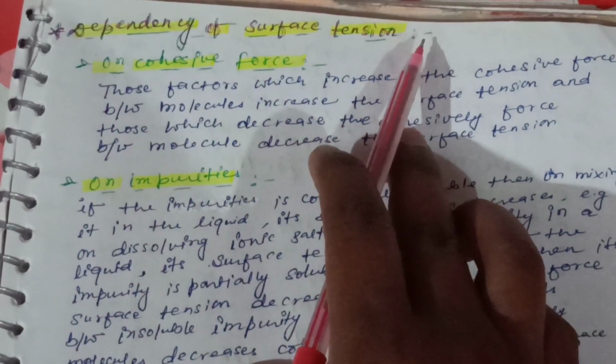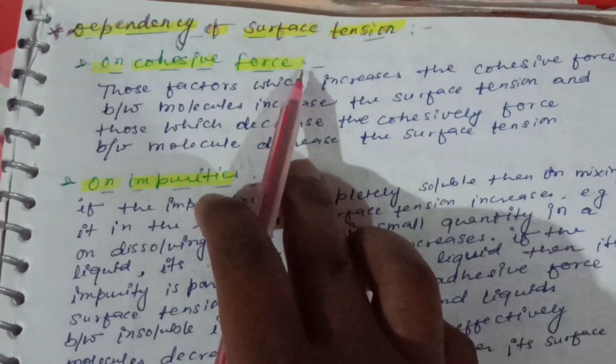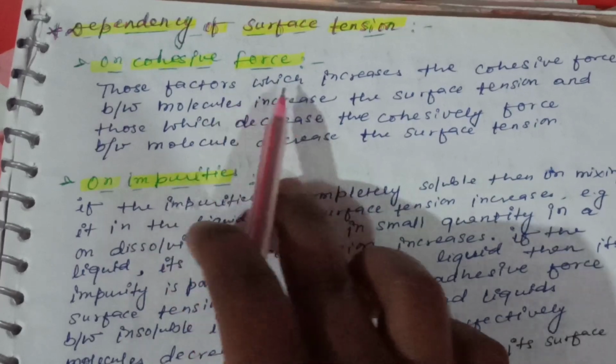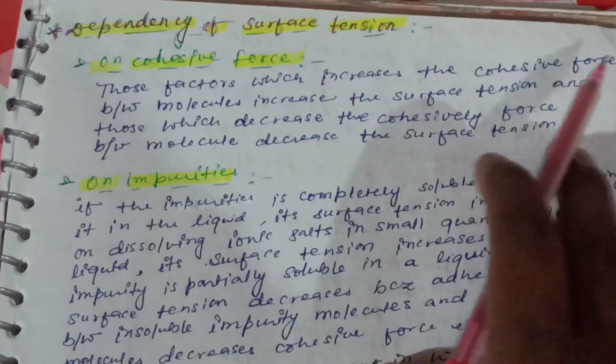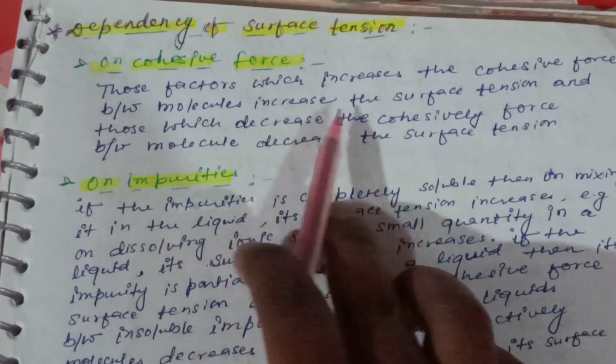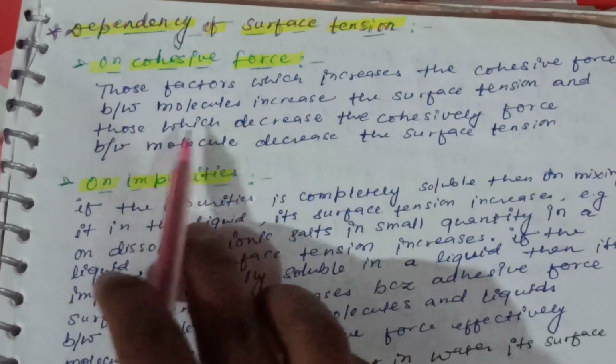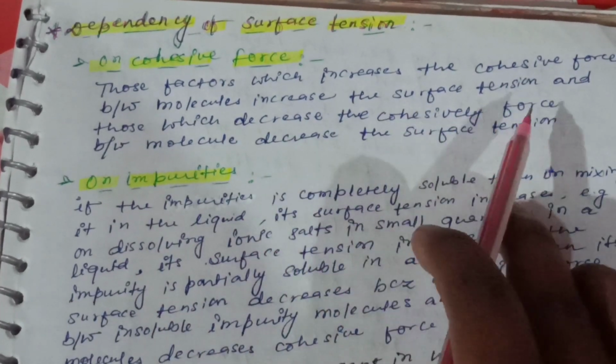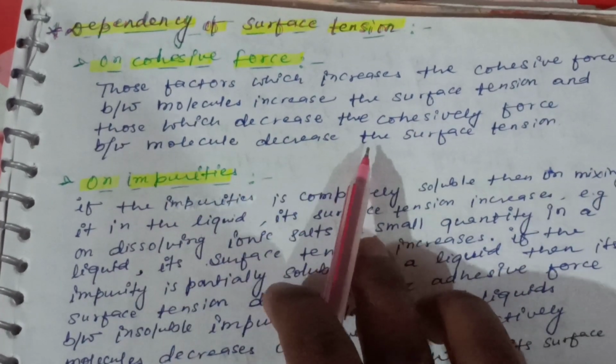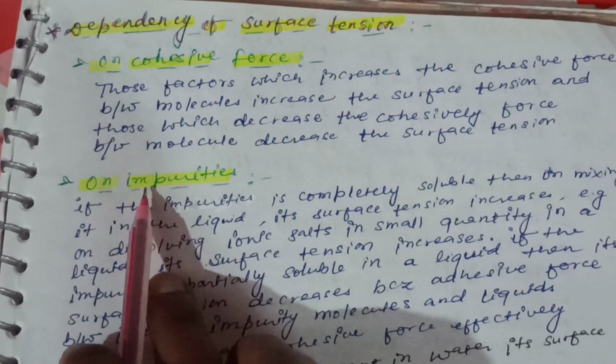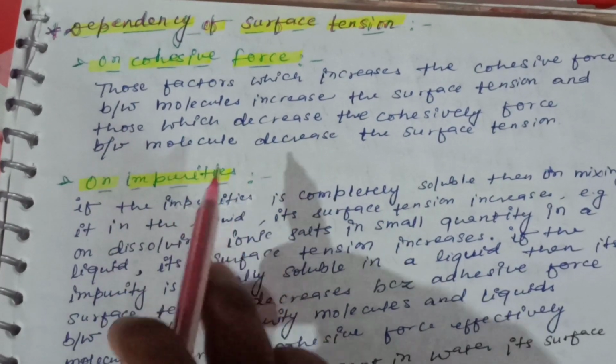Dependency of surface tension on the cohesive force. Those factors which increase the cohesive force between molecules increase the surface tension, and those which decrease the cohesive force between the molecules decrease the surface tension.